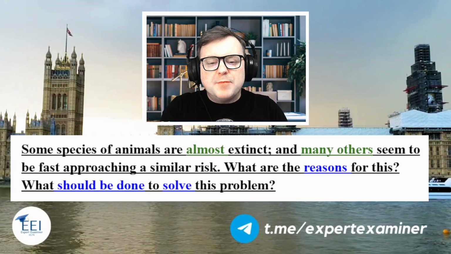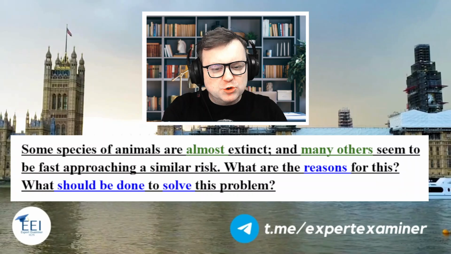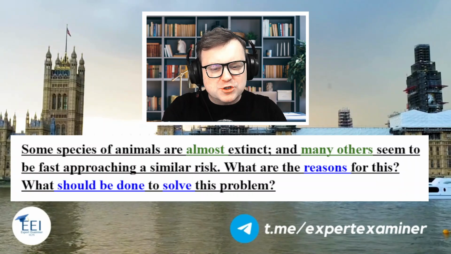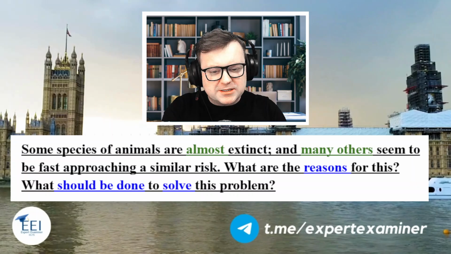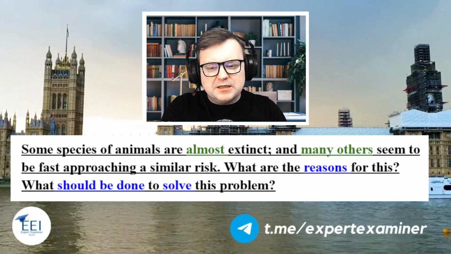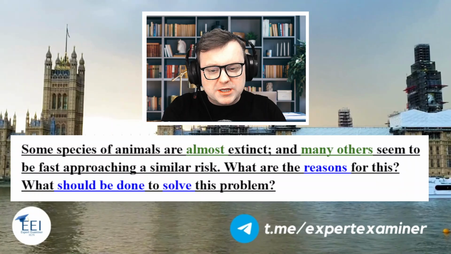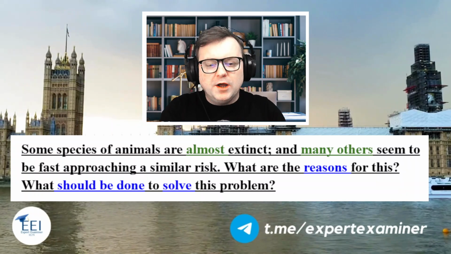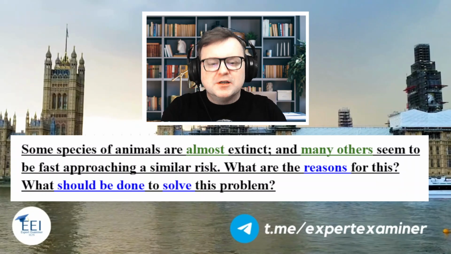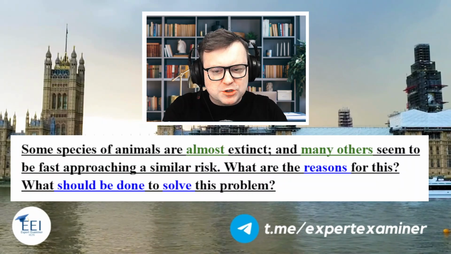Then body paragraph 1, I want to see a few different reasons, maybe at least 2 reasons would be nice, 2 different reasons why some animals are going extinct or close to going extinct. And then in body paragraph 2, I'd like to see a couple of solutions and explanations as to why these solutions might be effective. And then in the conclusion, I want a very short summary of the reasons and solutions.